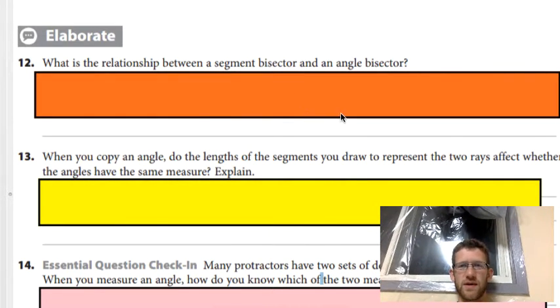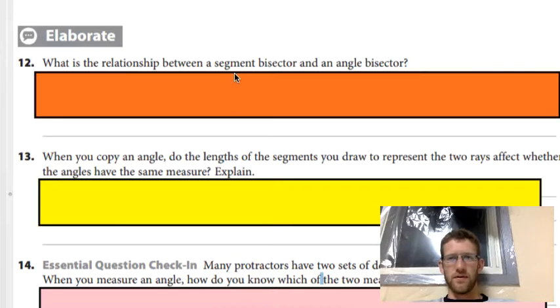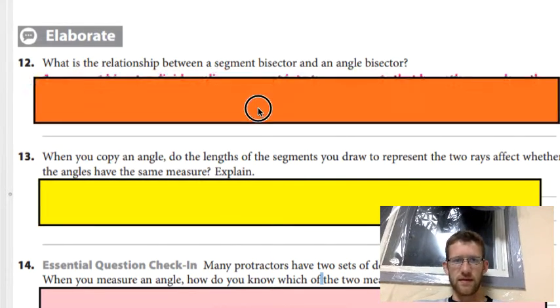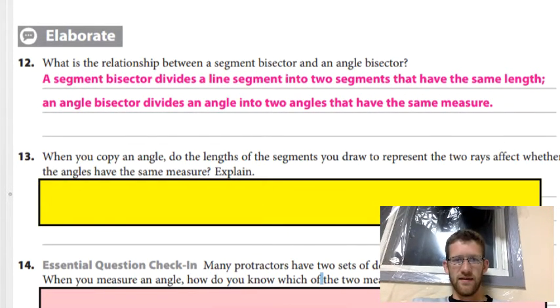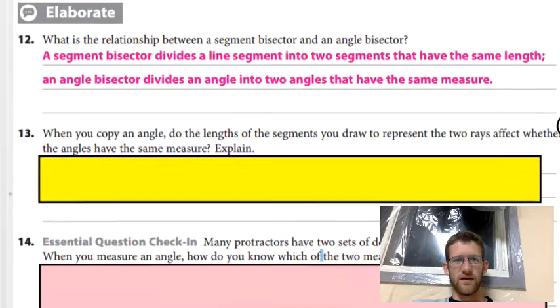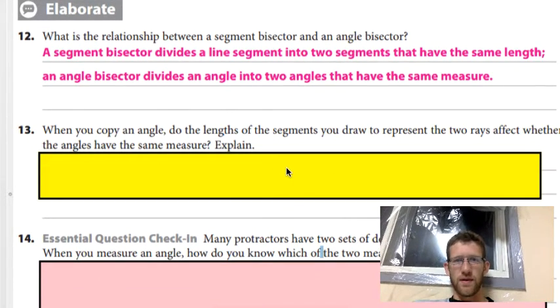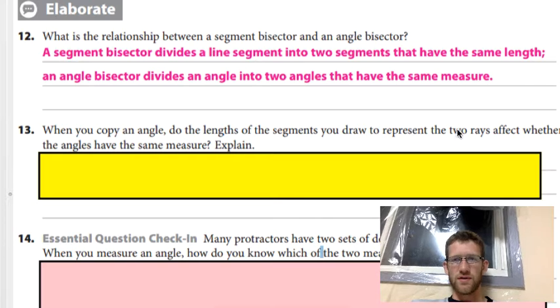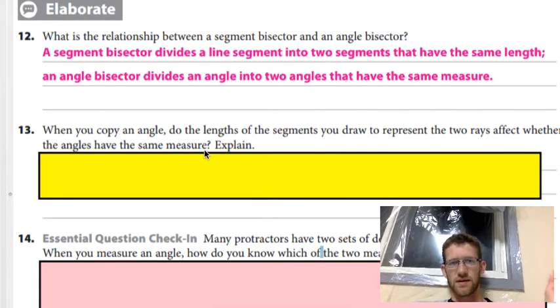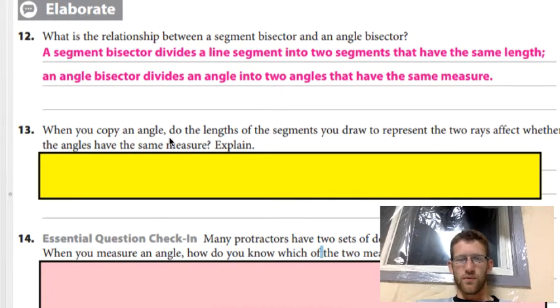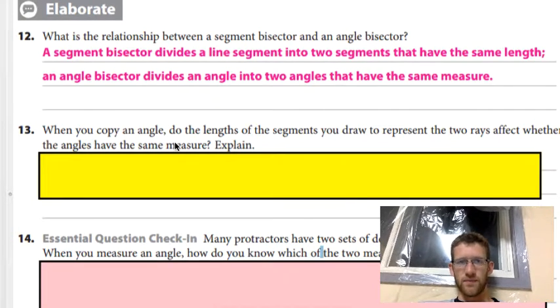What's the relationship between a segment bisector and an angle bisector? Well, they both bisect things. They just bisect different things. When you copy an angle, does the length of the segments you draw to represent the 2 rays affect whether the angles have the same measure? So it's basically saying we're taking someone else's angle and copying it down.